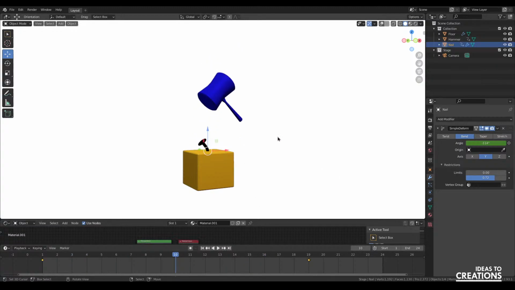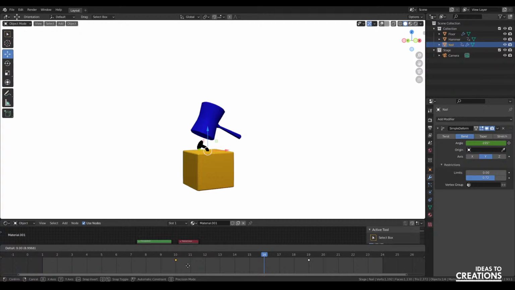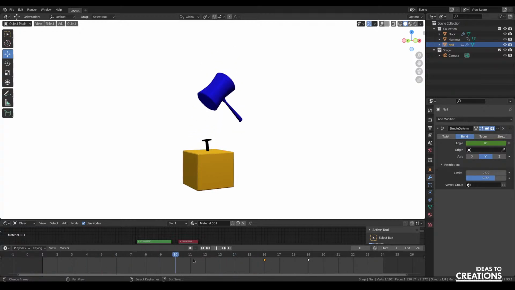So what I actually need to do is grab the nail, grab its key, and find the point where I want it to start bending, and then just move the keyframe there. And now it'll do what I want.